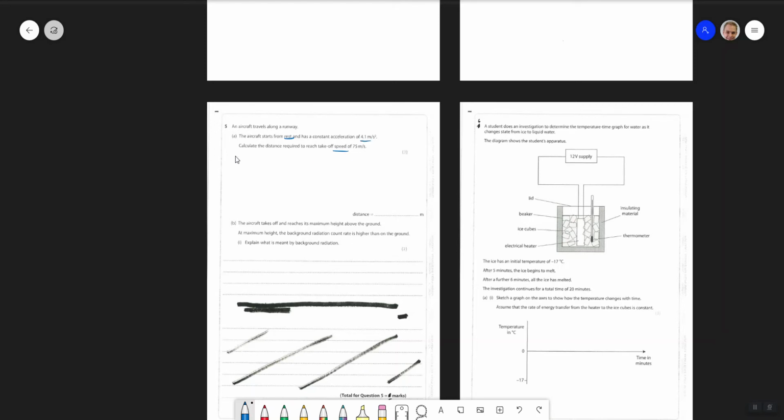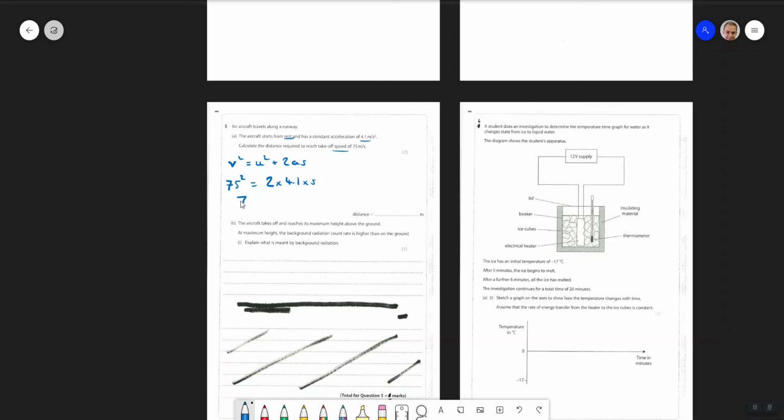We've got an acceleration. So we're going to use v squared equals u squared plus 2as. Putting in what we know, v has got to equal 75, so 75 squared is equal to u is 0, so that's nice, 2 times 4.1 times s.